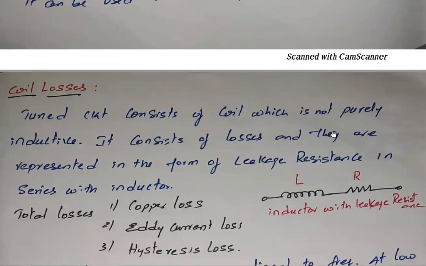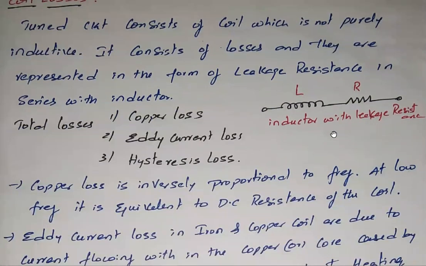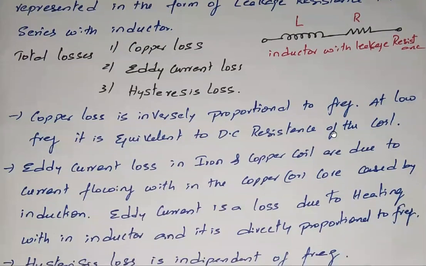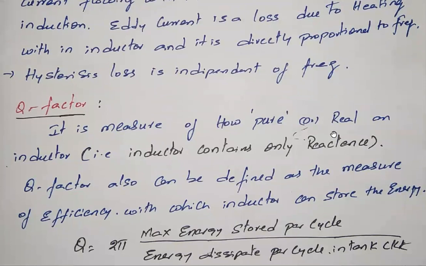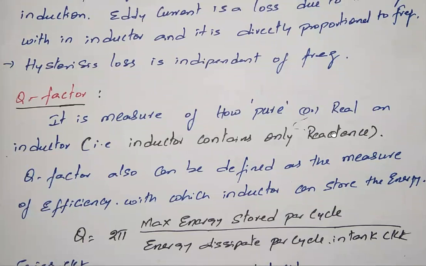In the last class, we verified the losses. There are 3 types of losses with respect to the inductor, that is copper loss, eddy current loss, and hysteresis loss. Okay, and we defined the parameter called quality factor. Quality factor indicates how pure the inductor is.